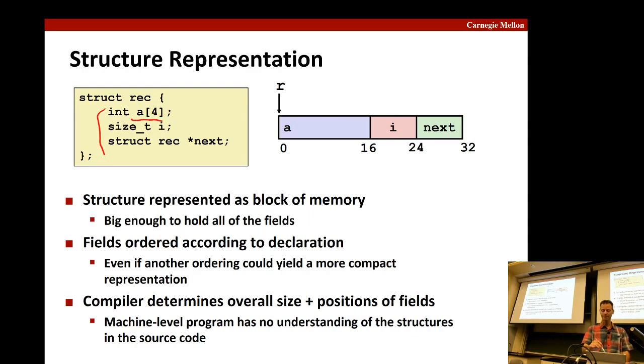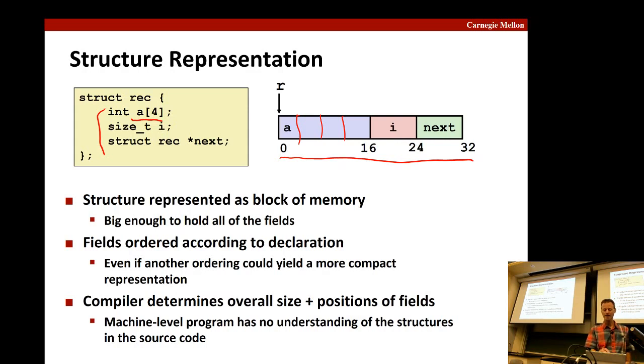If we have a structure and it's initially addressed R, then we'll just look at the offsets from the beginning. A gets laid out starting at 0, and it goes all the way to 16 because there's 4 of them, each of them 4 bytes. Inside here, there'd be the 4 different integers.